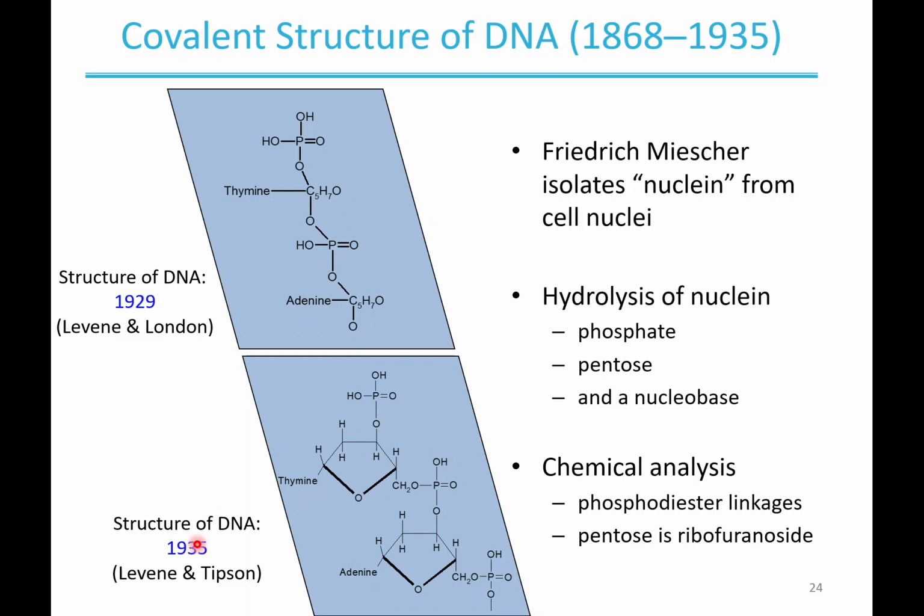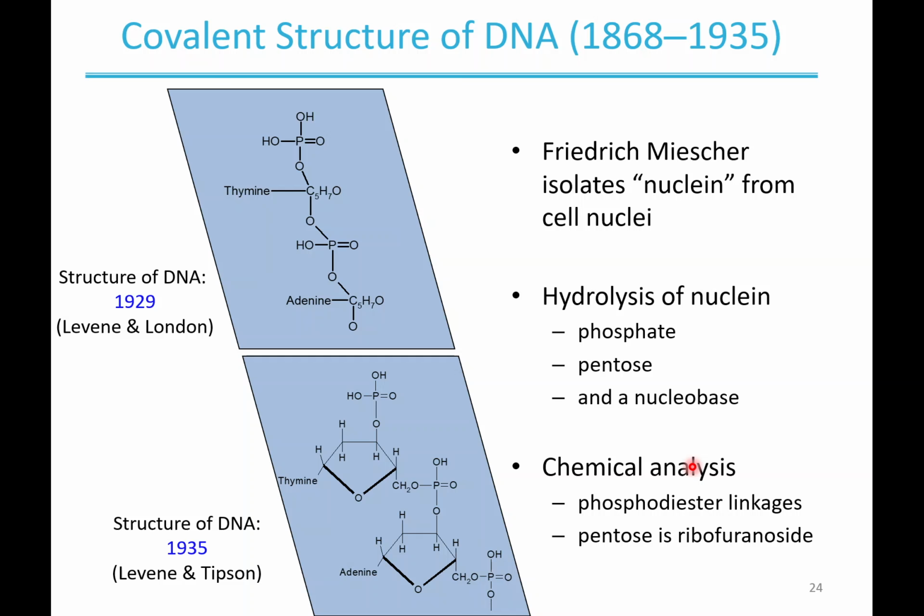Okay, not quite right. They just had these linear type sugar molecules here, but not all that far off either. And then in 1935, Levine and Tipson published a slightly different structure, and this one was actually pretty close, right? It is the structure that we see. They determined that the phosphodiester linkages were coming from the 5' of one ribose to the 3' of another, and that the nucleobases were attached to the 1' position of the ribose.